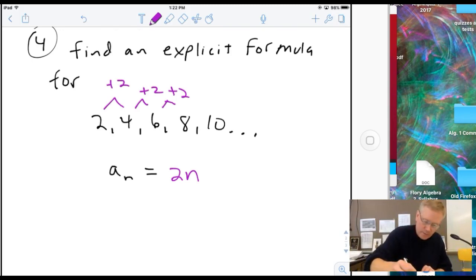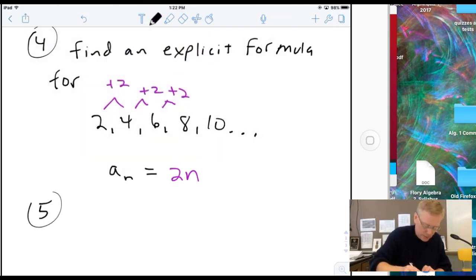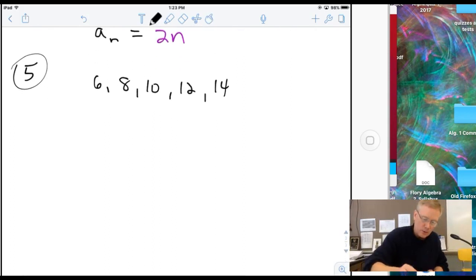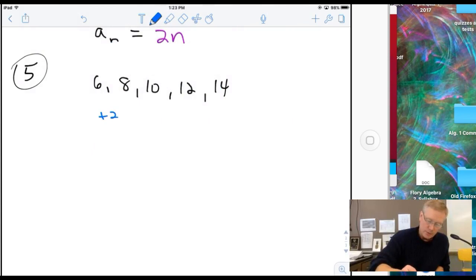How about number 5 here? Same idea, same directions, except my sequence is 6, 8, 10, 12, 14. So once again, this is going up by 2's: plus 2, plus 2, plus 2, plus 2.